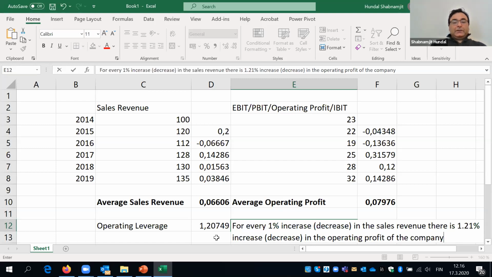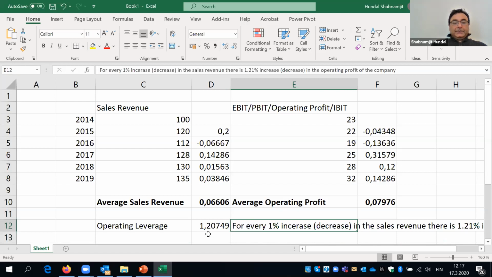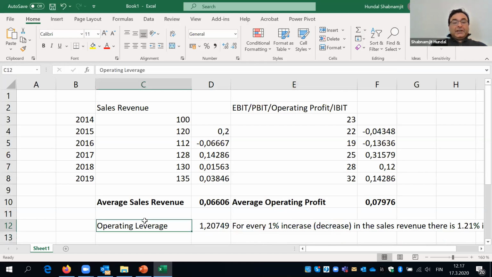So this is also a sign of sensitivity. Okay, so this is the concept of operating leverage, and it's quite simple.